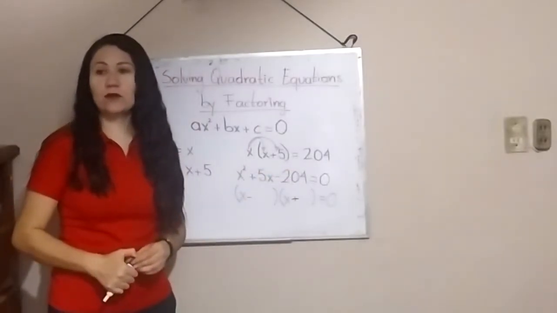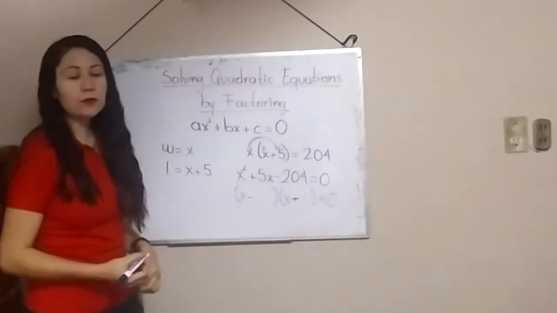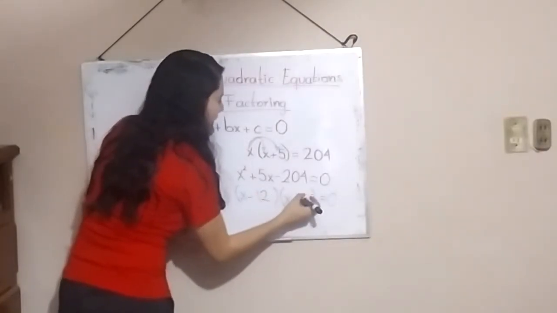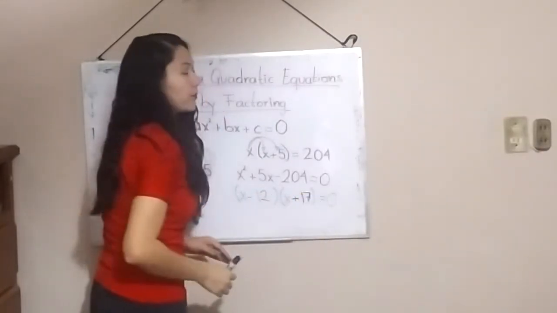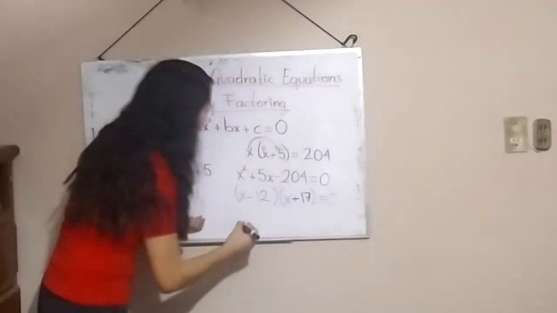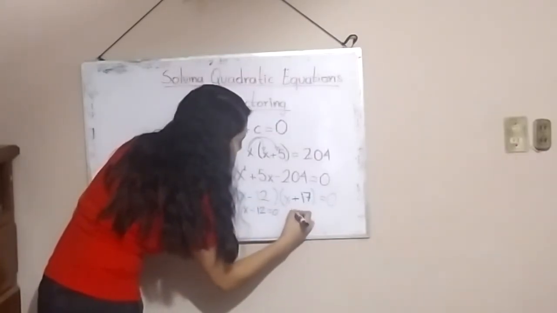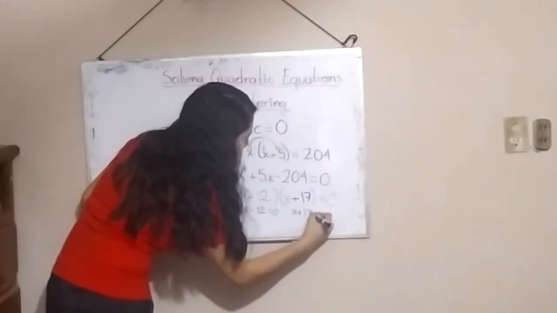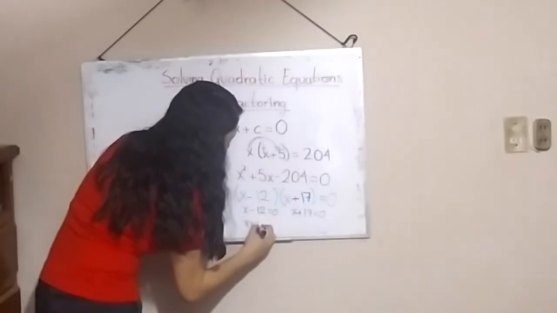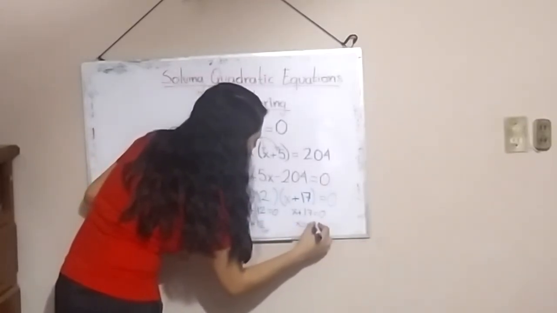Okay, and in order for the addition to give us a result of positive 5, we would have the negative 12 and 17 would be the positive one. Now let's make our factors equal to 0. x minus 12 equals 0, while x plus 17 also equals 0. We isolate the x and we have x equals 12 and x equals negative 17.